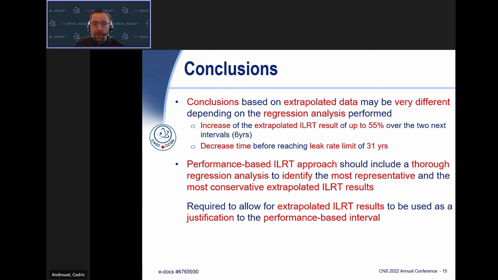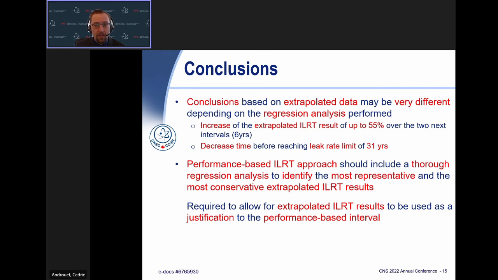It has been demonstrated in this presentation that regression analysis by curve fitting to identify possible trends in a set of data may require more analysis than expected at first while reading through the CSA requirements. Extrapolated ILRT results assumed from regression analysis may be used as a justification for establishing a performance-based interval.